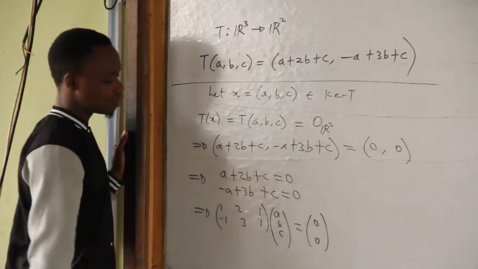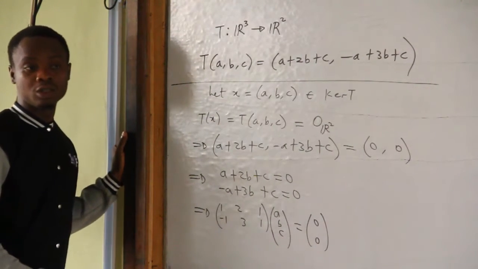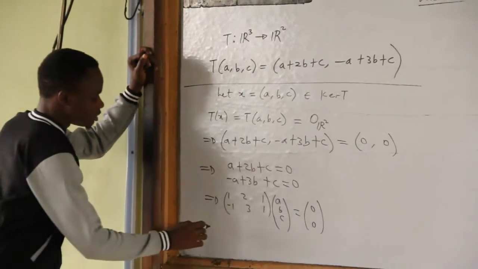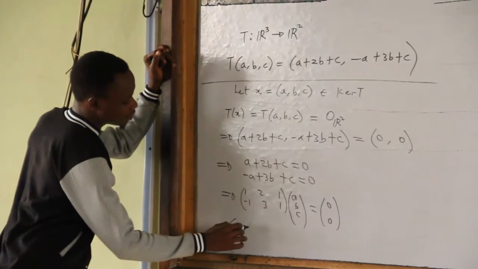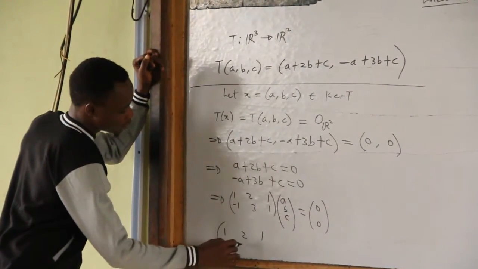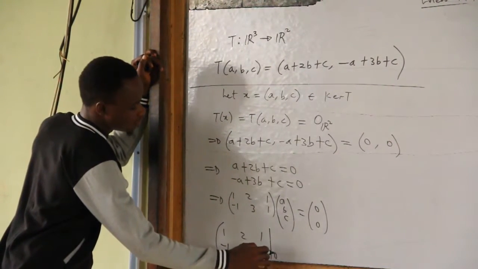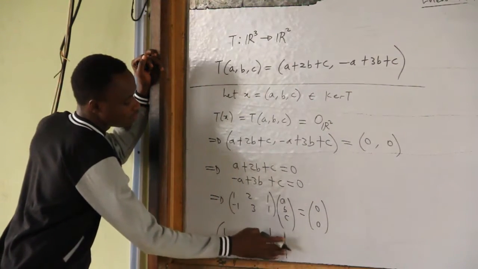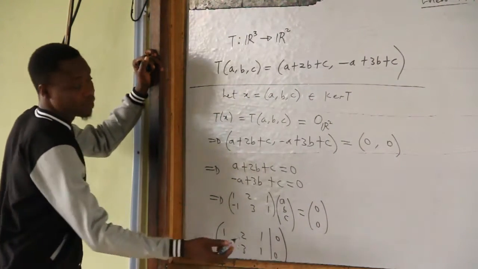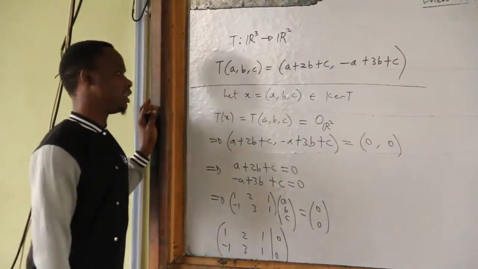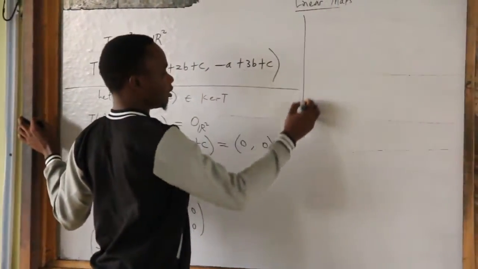So the augmented matrix from this will be 1, 2, 1, minus 1, 3, 1, to 0, 0. You can do without the 0 column.